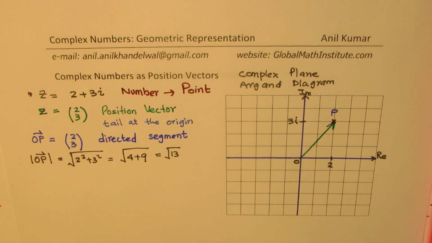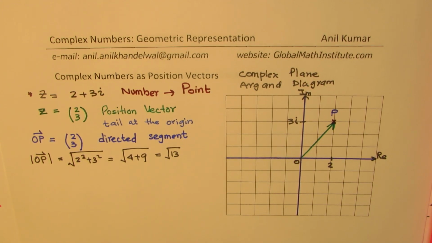Now you could represent any vector written in many different forms on a complex plane. Let's write down a few vectors and represent them on the complex plane.